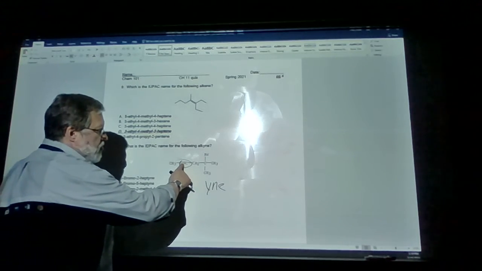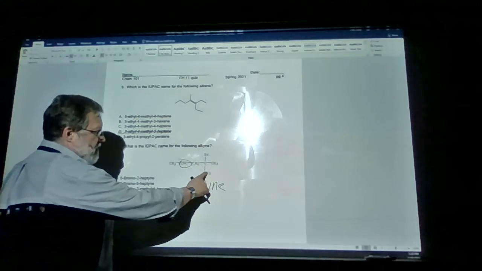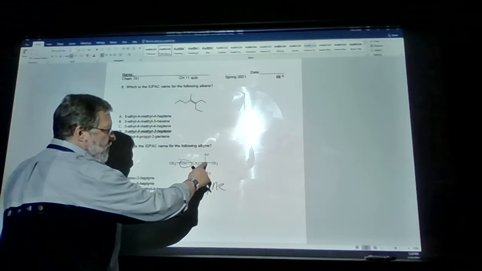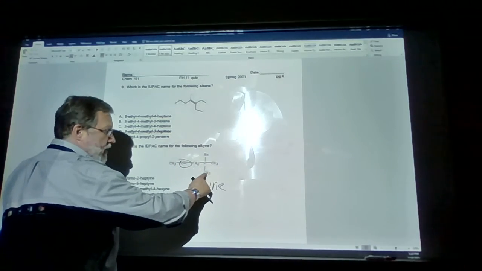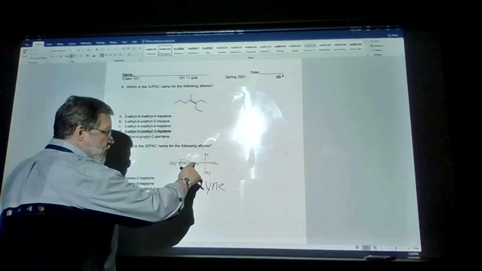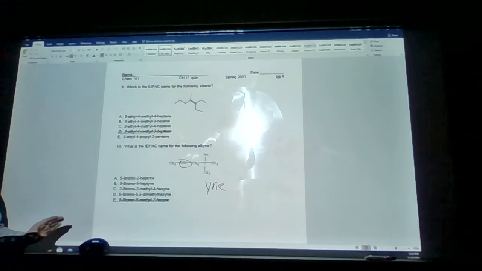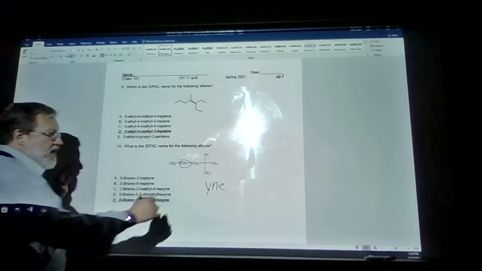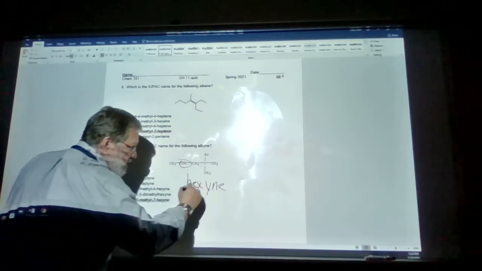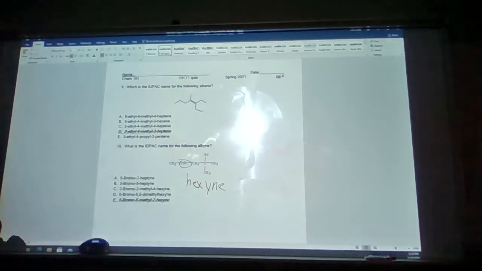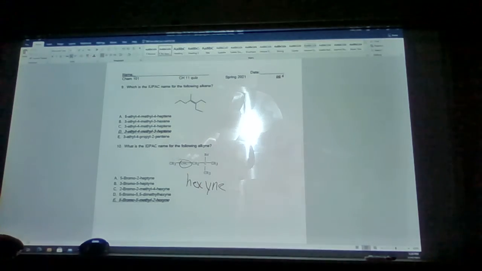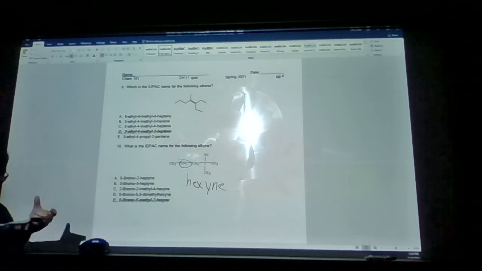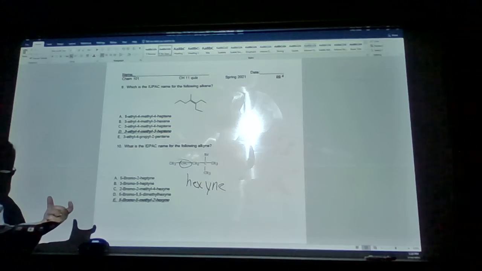So 1, 2, 3, 4, 5, 6. 1, 2, 3, no. 1, 2, 3, 4, 5, 6. So the longest continuous carbon chain that connects both carbons of the triple bond sequentially is 6. That makes it a hexyne. Then you need to tell me where in the series of 6 carbons is the first carbon of the triple bond.